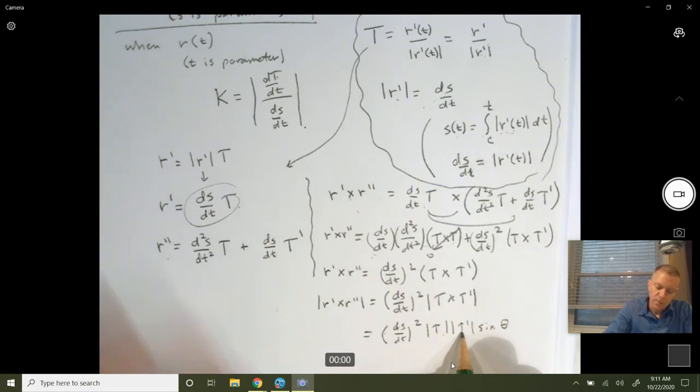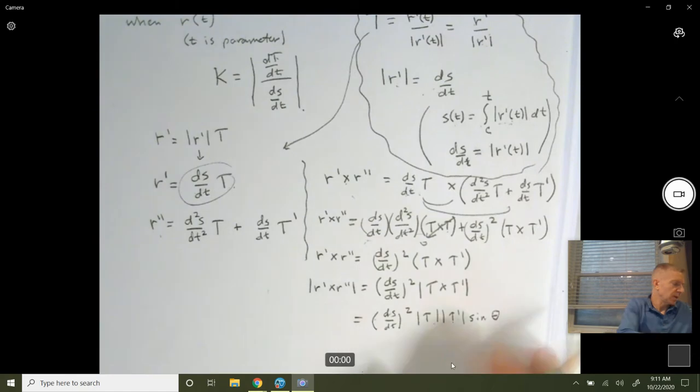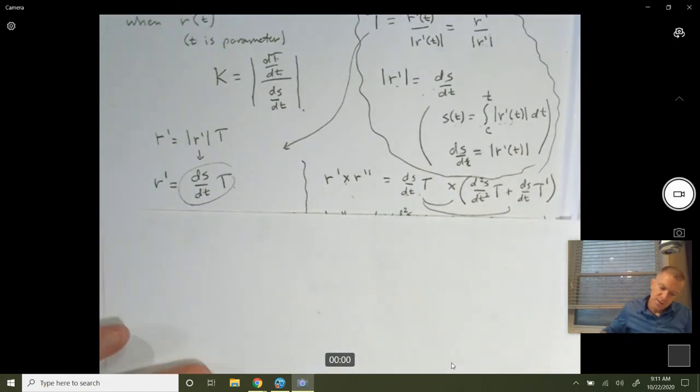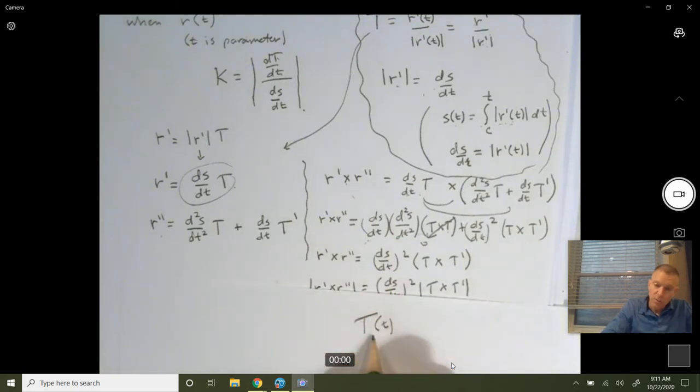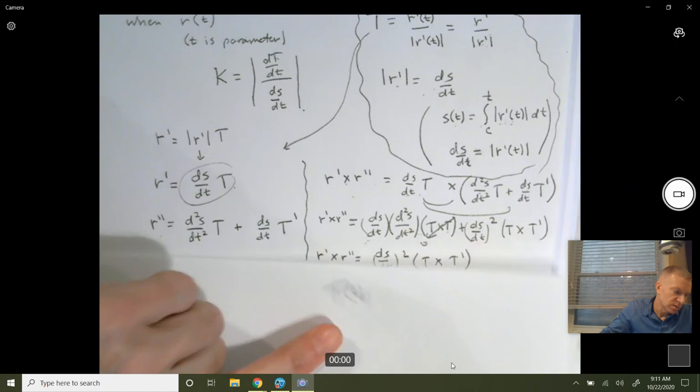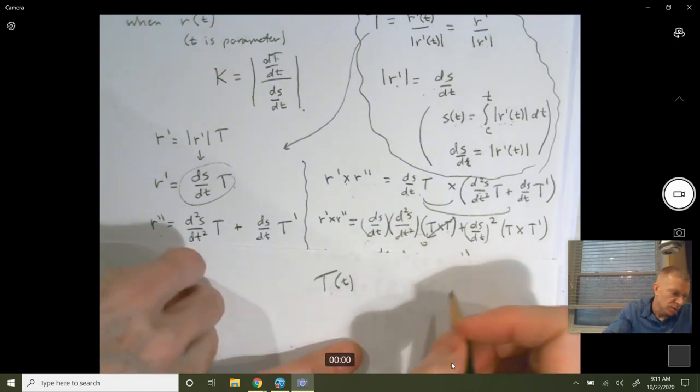Okay, now that one's a little bit tricky to understand why, but think about the set of all unit tangent vectors. I'm just going to pull out another sheet of paper. Think of the set of all unit tangent vectors as a function of t. Well, they all have a length of 1.